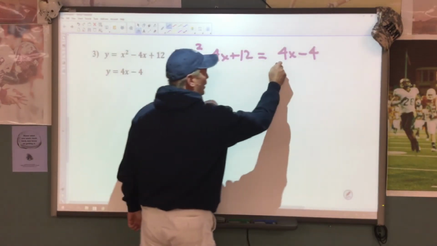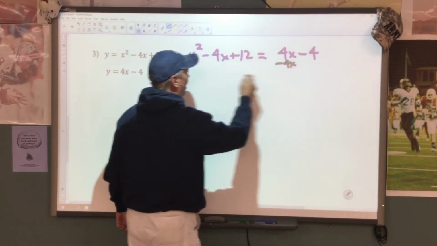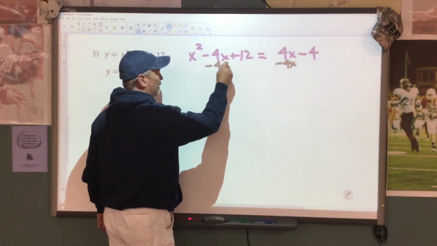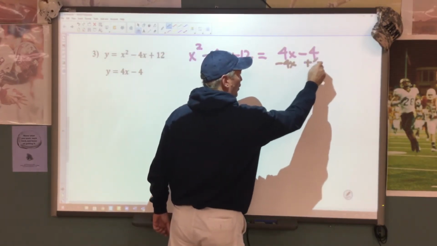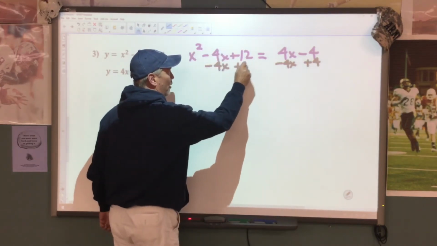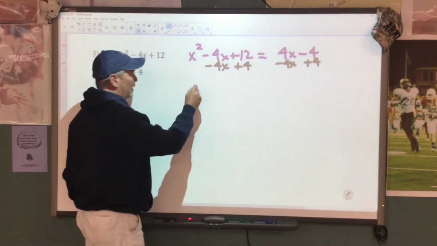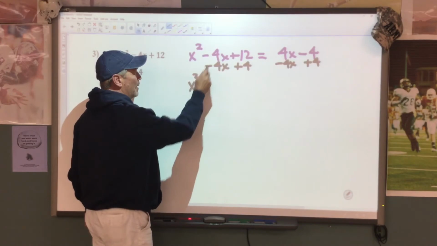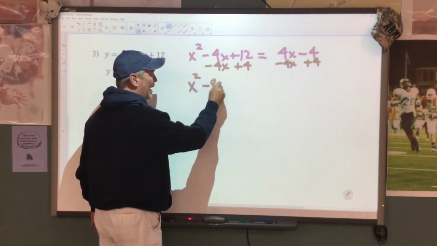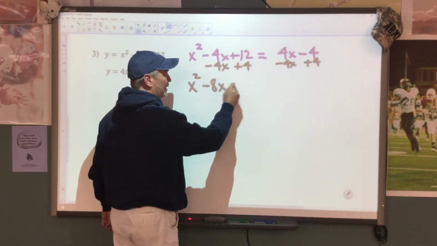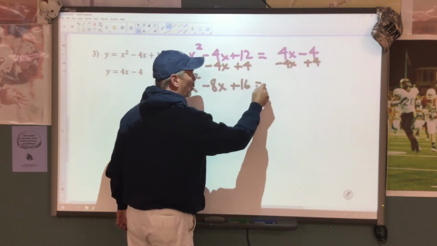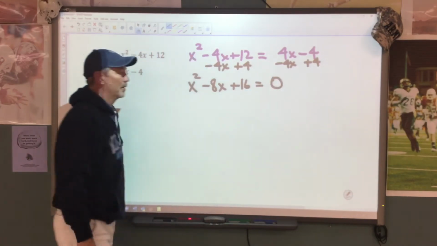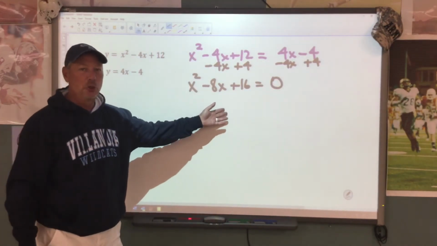We're going to say minus 4x, plus 4, plus 4. This is going to leave x squared minus 8x plus 16 equals 0. And we're going to factor this into two parentheses.